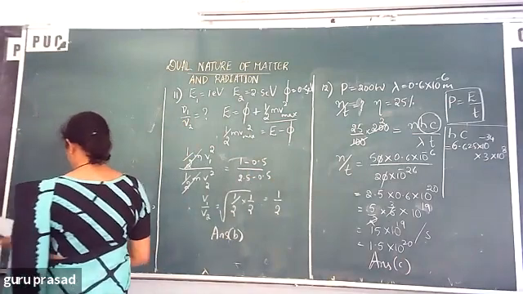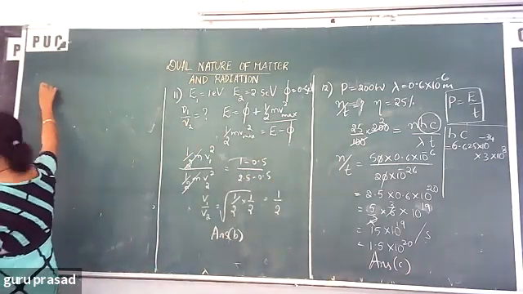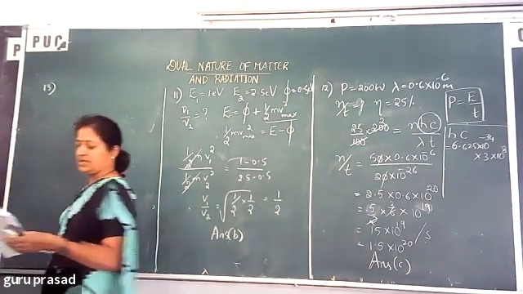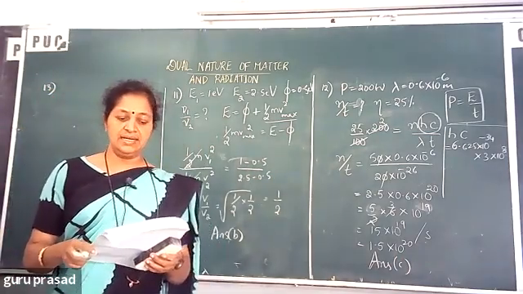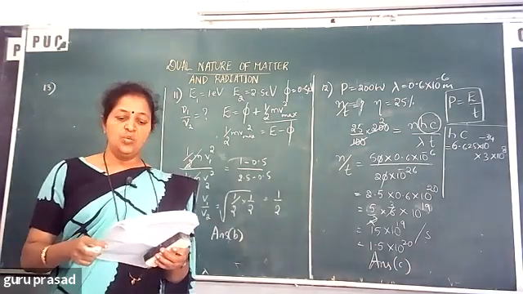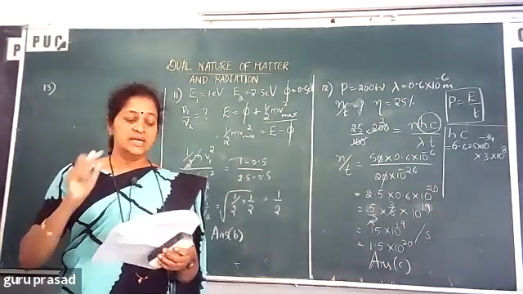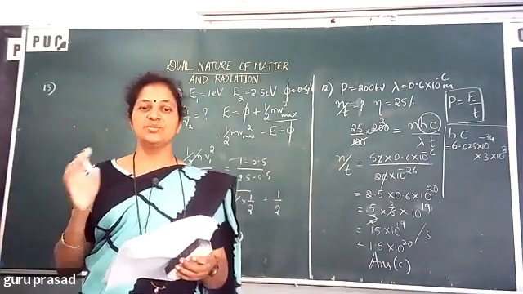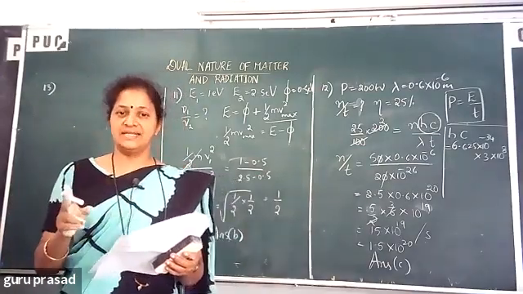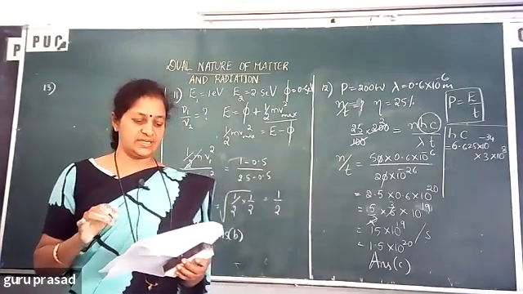Next question number 13. The cathode of a photoelectric cell is changed such that work function changes from W1 to W2. Whenever work function is changed, you must understand that it is a metal that is being changed. Cathode metal is changed.